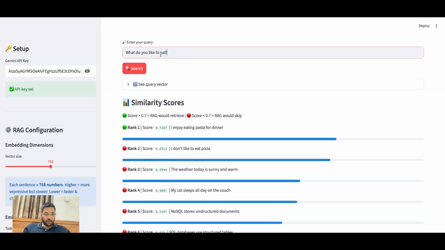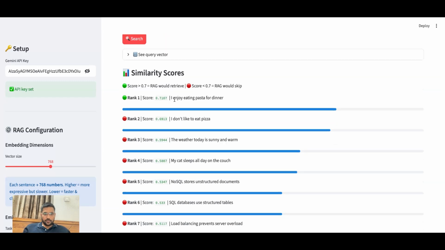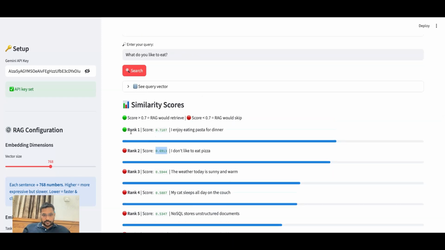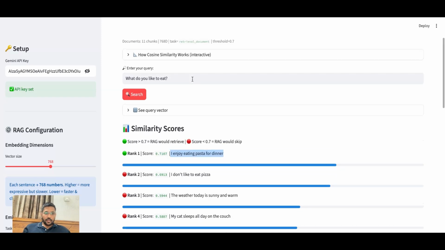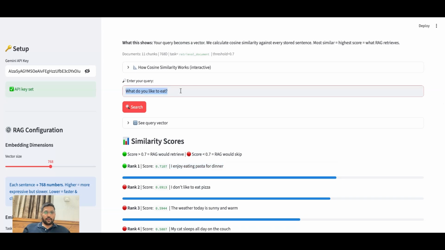My question was, what do you like to eat? Second is "I don't like to eat pizza." Based on the similarity, the score is generated. For rank 1 the score is 0.7107. So we got the relevant information for the query which we asked, right?